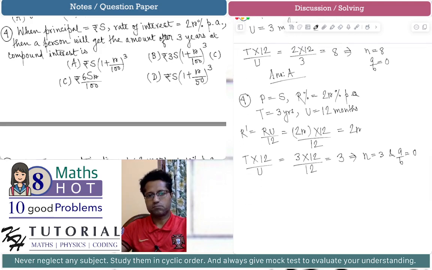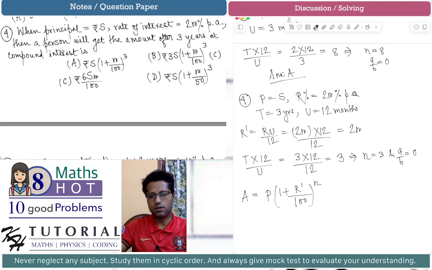From this, we can now find the amount. It has asked for the amount. So, we know from the general formula, amount is P into 1 plus R dash by 100 to the power small n, multiplied by 1 plus the fraction a by b multiplied by R dash by 100.